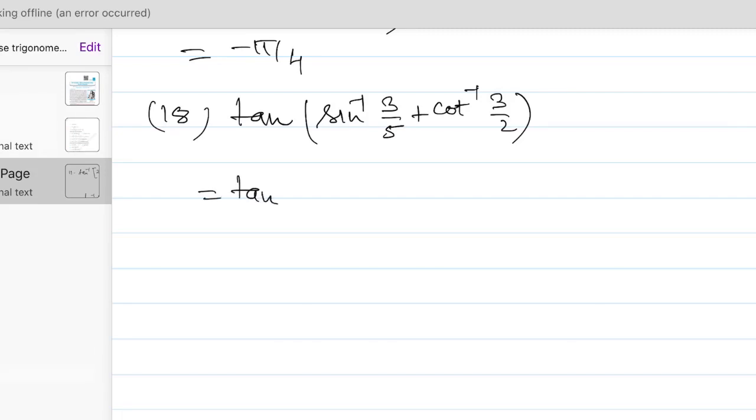Now the 18th question. Tan of sin inverse 3 by 5 plus cot inverse 3 by 2.